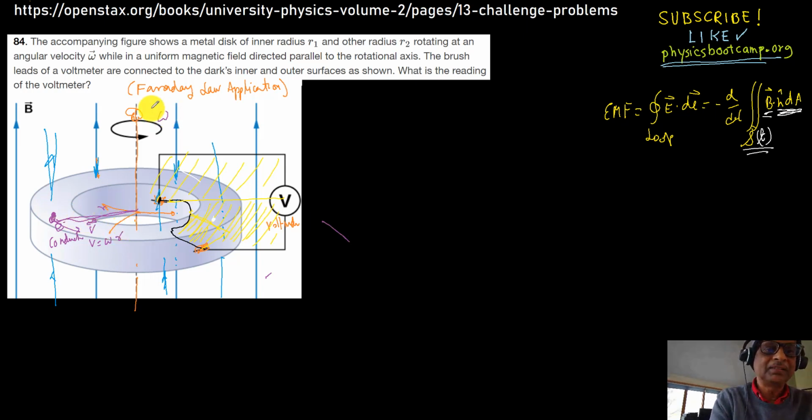Omega is this. The omega vector, by the right hand rule, points up, but omega is the magnitude and the velocity is in a circle. So this electron is going in a circle.